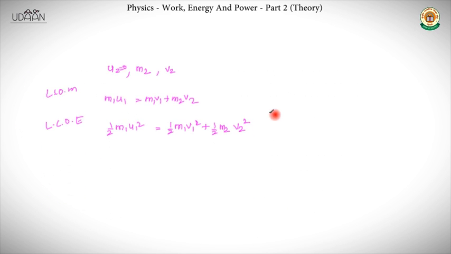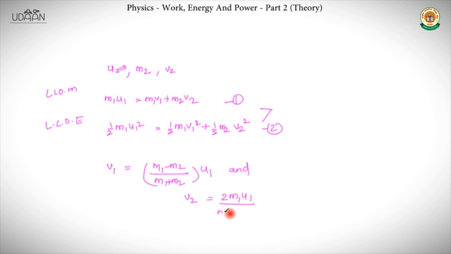By solving these two equations, we get v1 is equal to (m1 minus m2) by (m1 plus m2) into u1, and v2 is equal to 2 m1 u1 by (m1 plus m2).